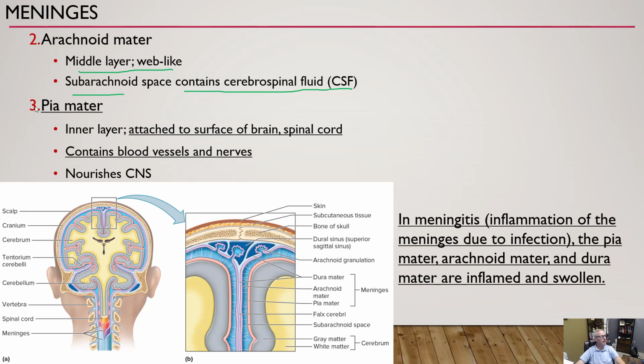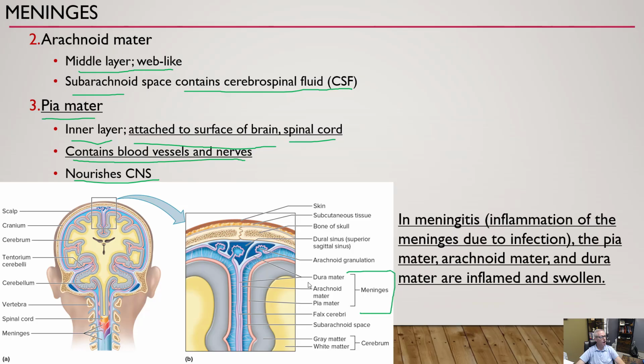And then that third layer is the pia mater. It's that inner layer. It's attached to the surface of the brain and spinal cord, and it contains a lot of blood vessels and nerves. It's actually what nourishes the central nervous system. You can see the picture down here. There are your three meningeal layers.